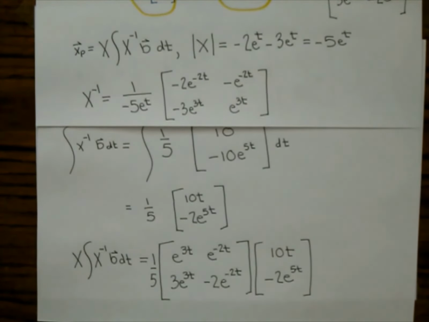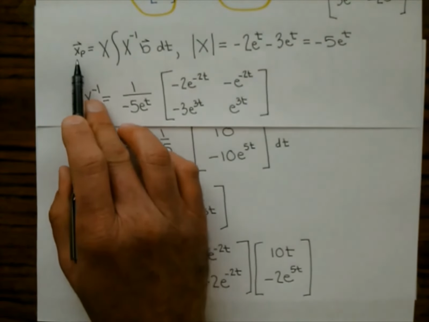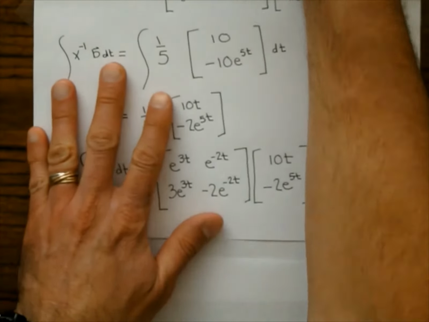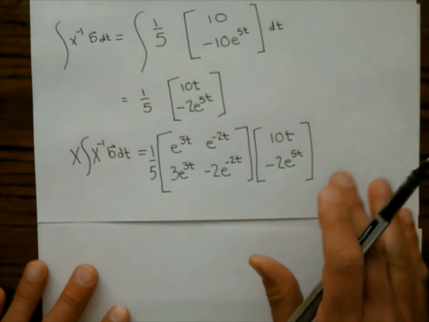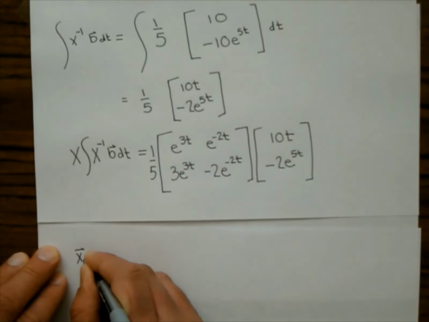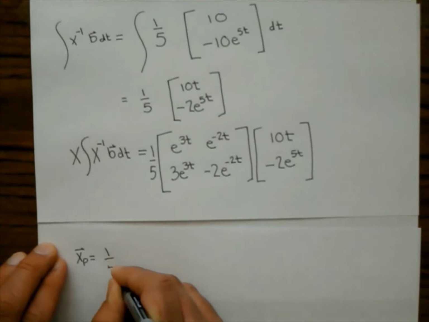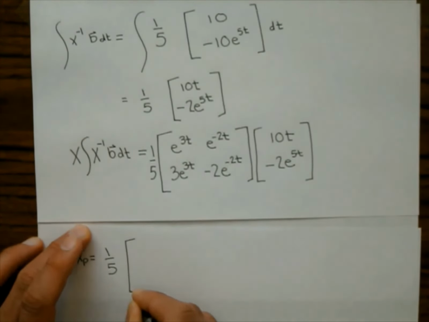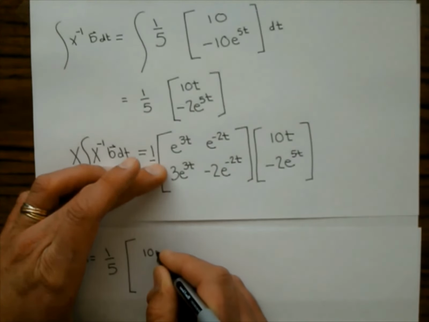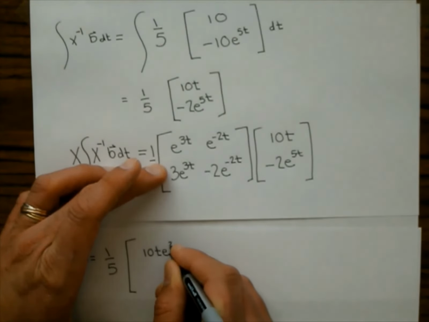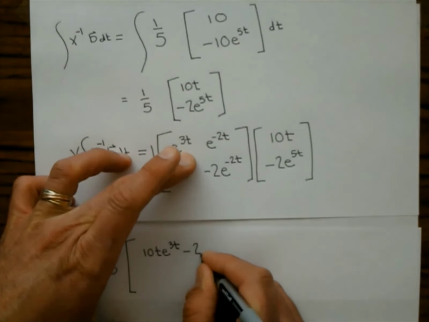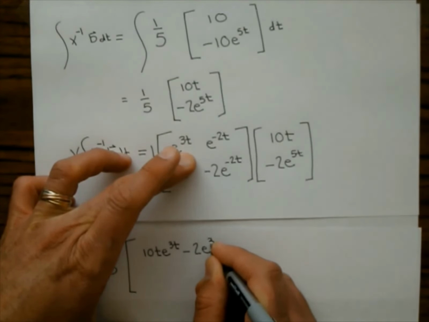Okay, so I'm going to go ahead and multiply those matrices together. That's what's going to get me my xp. So let's go ahead and do that. So xp is 1/5. Let's do some multiplication here. We have 10t e to the 3t minus 2e to the 3t.